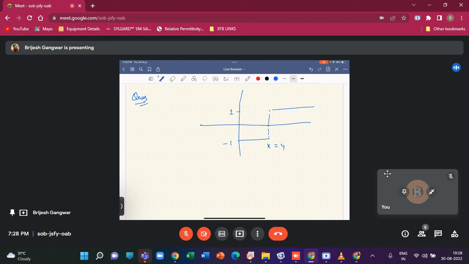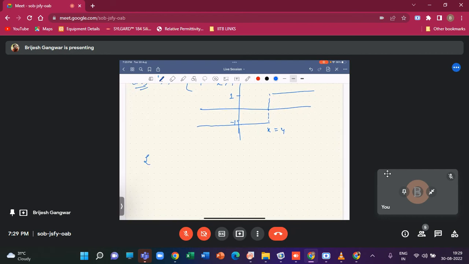So if you want to find the Laplace transform of this function, how does it look? First we define f(x) as minus 1 for x greater than 0 and less than 4, and 1 for x greater than 4. Then how will we find it?